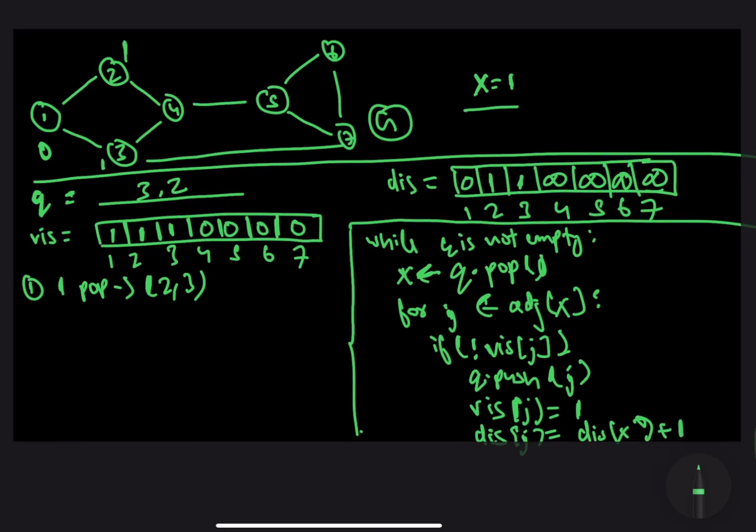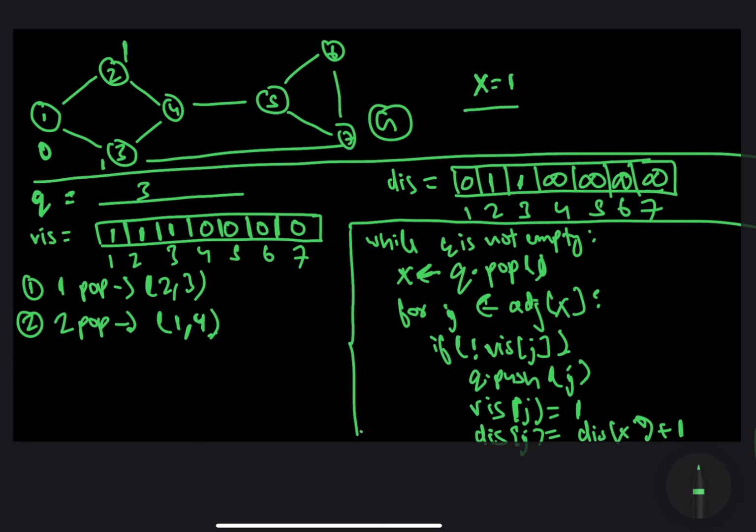Now coming to the second iteration over here, 2 is the frontmost element of the queue right now. So we would pop 2 out of the queue in this case, and then we would iterate over all the nodes which are adjacent to 2. The nodes adjacent to 2 in this case are nodes 1 and 4.